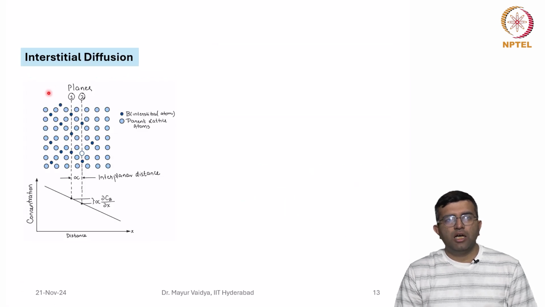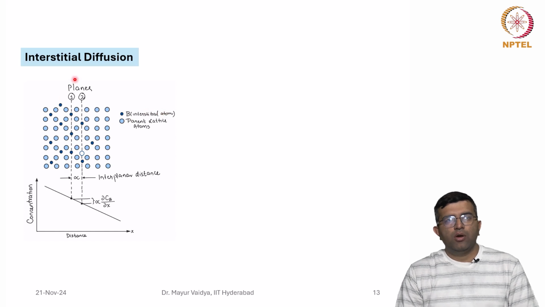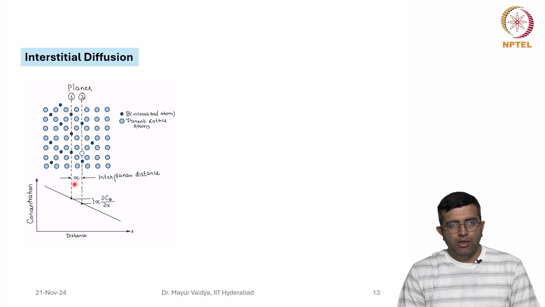So let us assume a two-dimensional array of parent lattice atoms which are light blue in color, and then there is a B atom marked in dark blue, which is the interstitial atom. Now let us consider these two planes. This is plane 1 and this is plane 2, such that the interplanar distance is alpha.